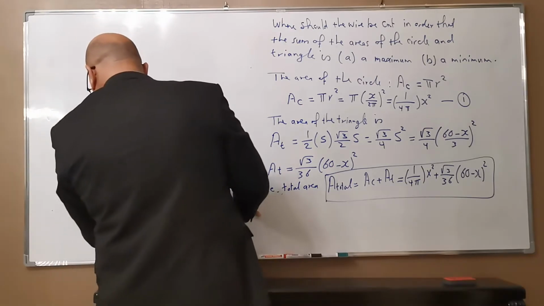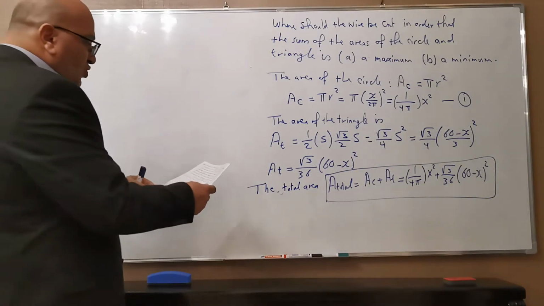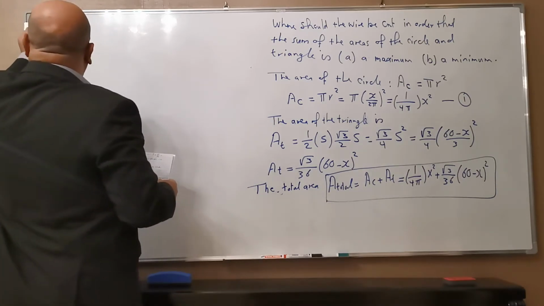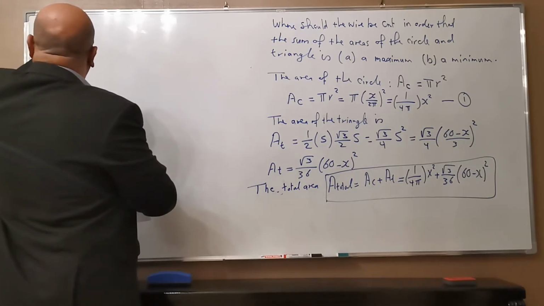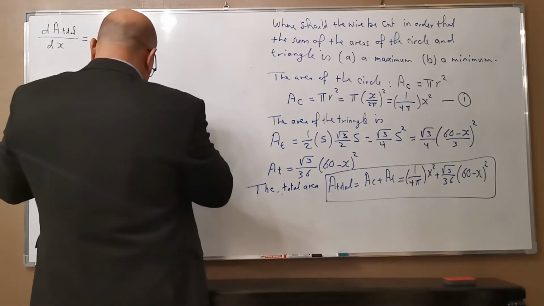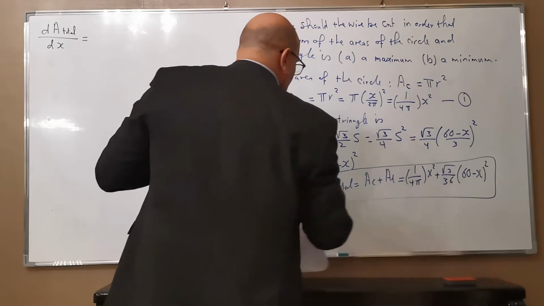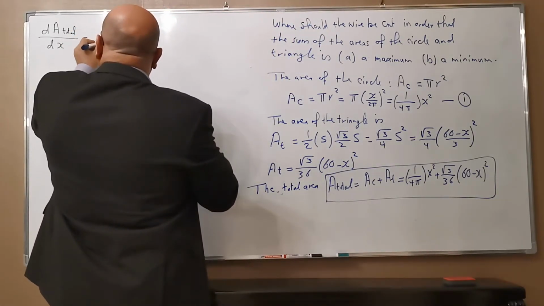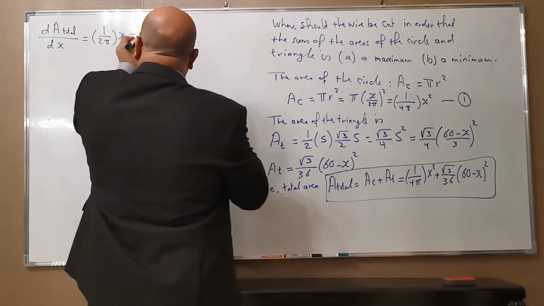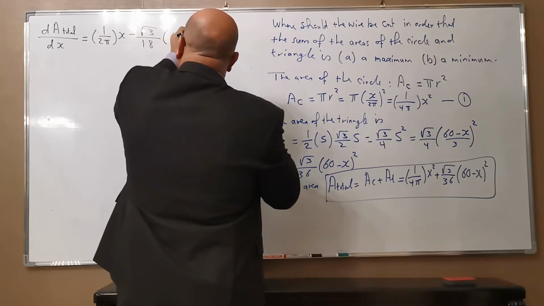Now I'm going to differentiate the A total by x, which is equal to 1 over 2 pi x minus square root of 3 over 18 times (60 minus x).